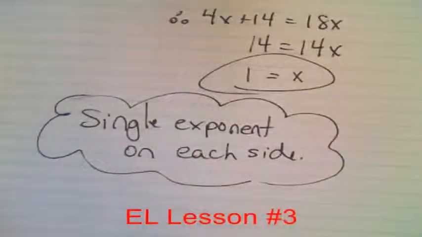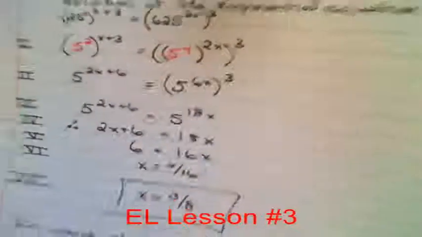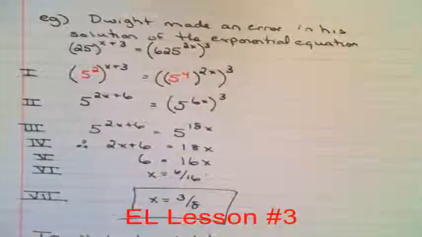I know it's right at the bottom. It has to be a single exponent on each side. If it isn't, you can't just cross out the exponents. But once you have a single exponent on each side, you can cross out the exponents. So that's what's going on in this lesson, and that's what we'll just do.